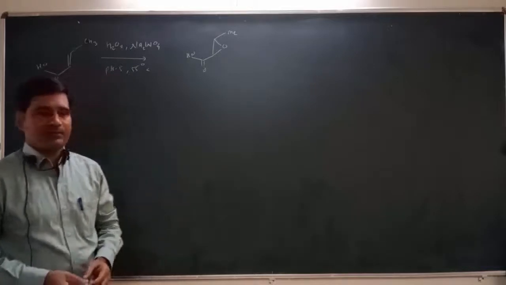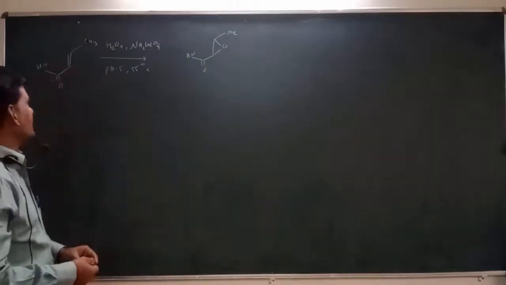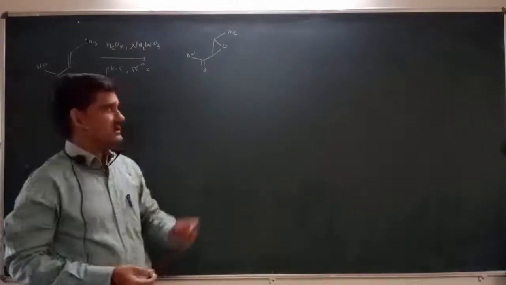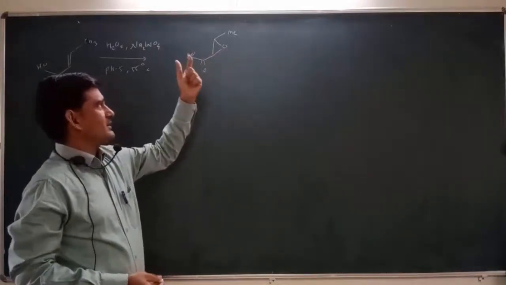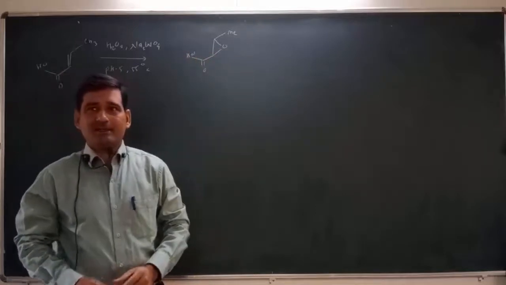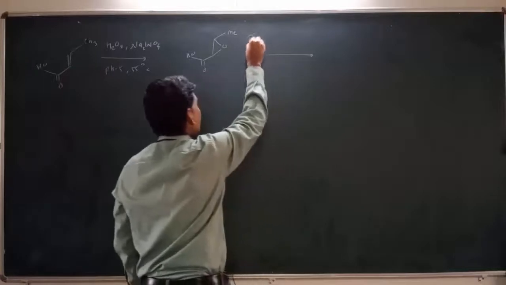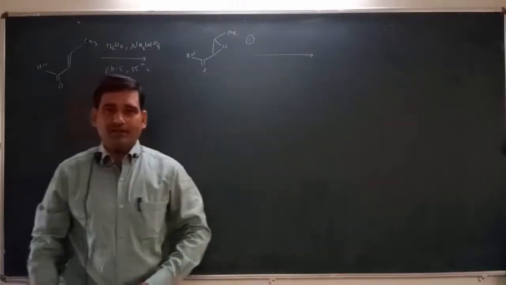Then in the further step, this compound will appear as a mixture and therefore we can resolve this mixture. That means this epoxidation may be from one side or from the back side, and therefore we can resolve this compound by the addition of a pure stereoisomer.